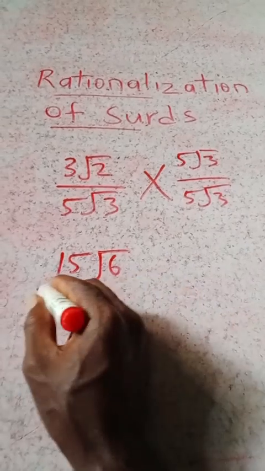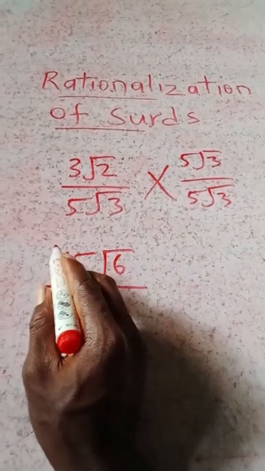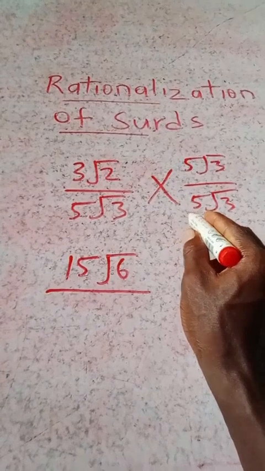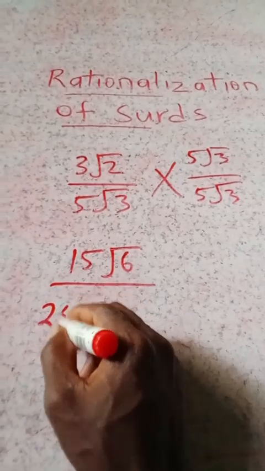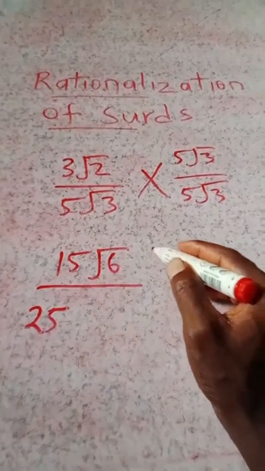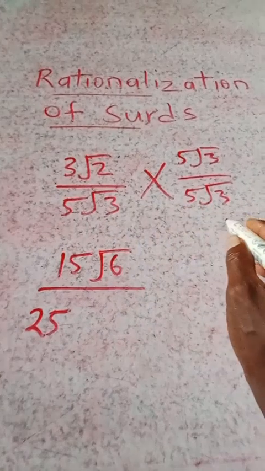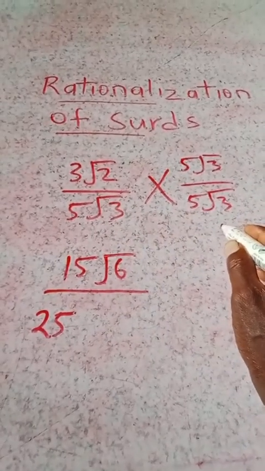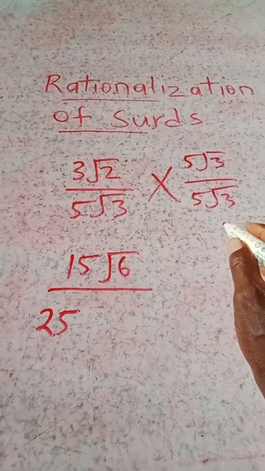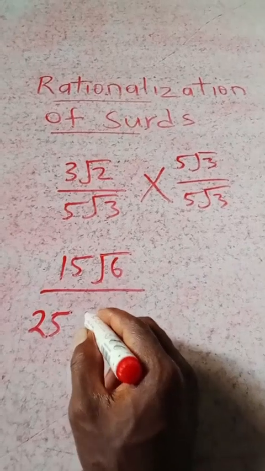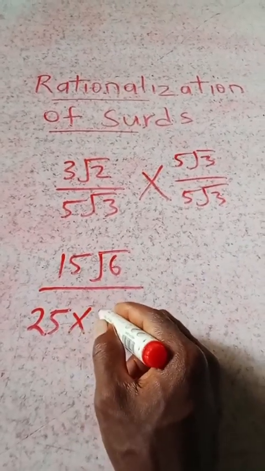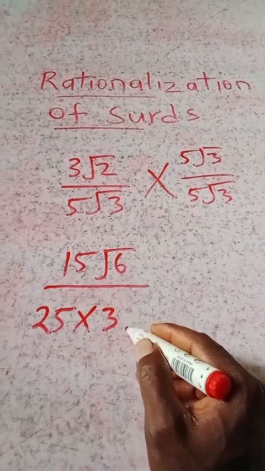So again, all over 5 times 5, which is 25. And multiplying the roots, root 3 times root 3 is 3. I told you when the roots are the same and you are multiplying, it is just the number in the root. So we are going to use the 3 to multiply 25.